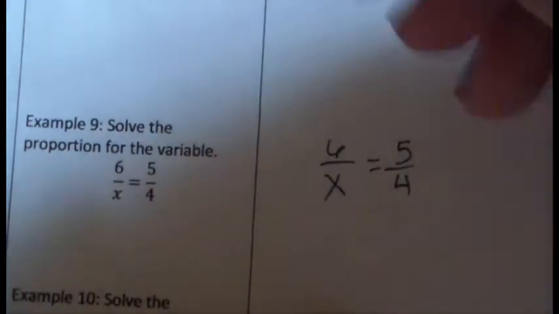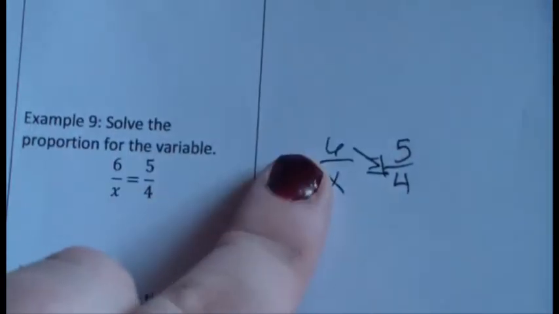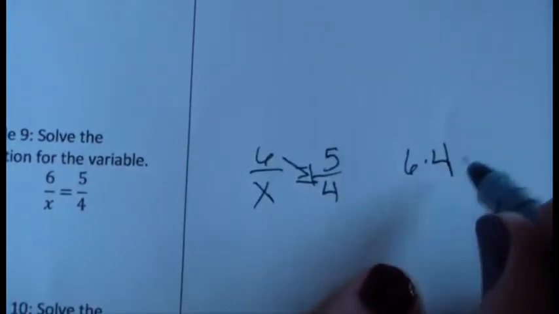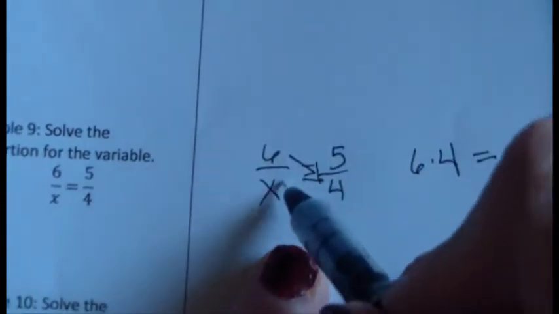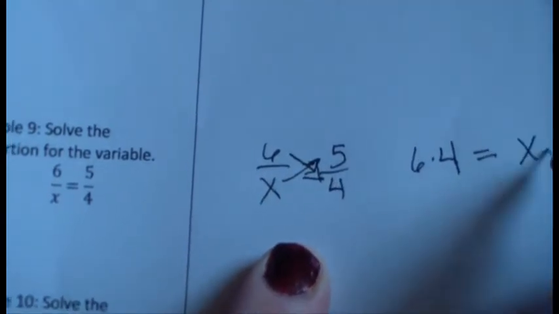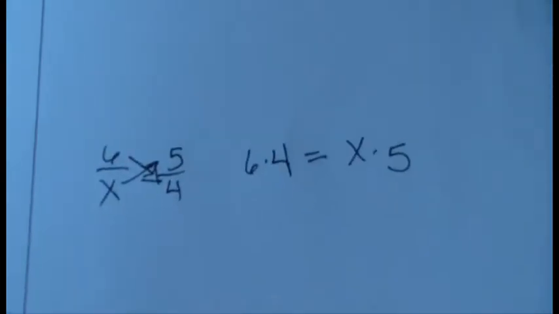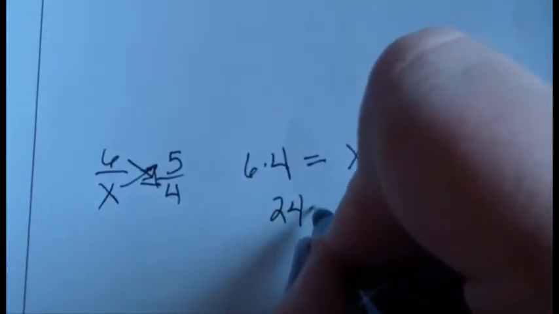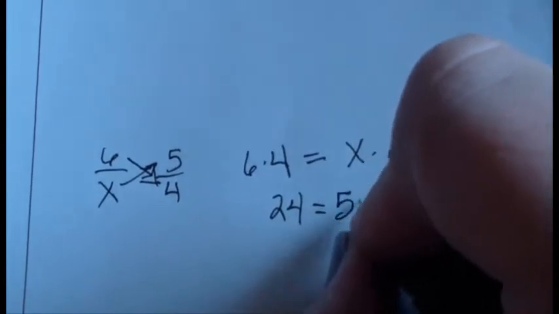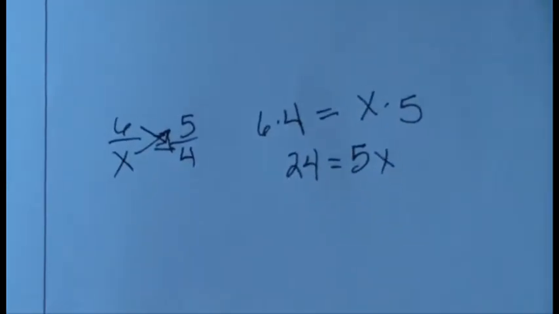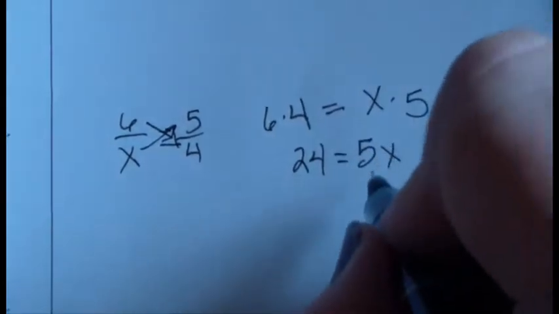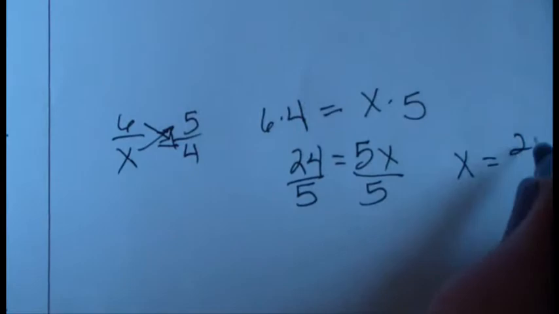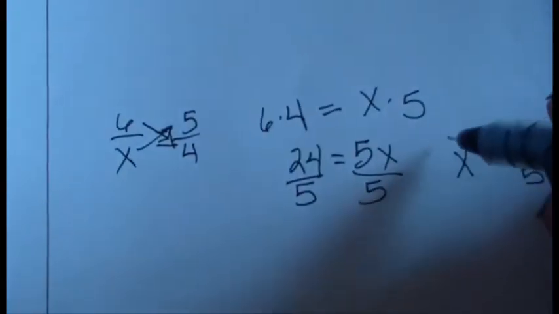So to solve this, we're going to start by multiplying 6 times 4. And that's going to be equal to x times 5. So 6 times 4 is 24. X times 5 is just 5x. And then to get x by itself, divide both sides by 5. And x is 24 over 5.